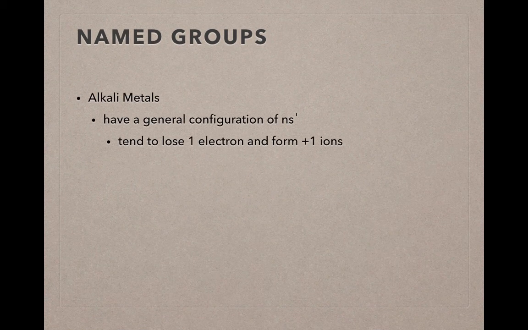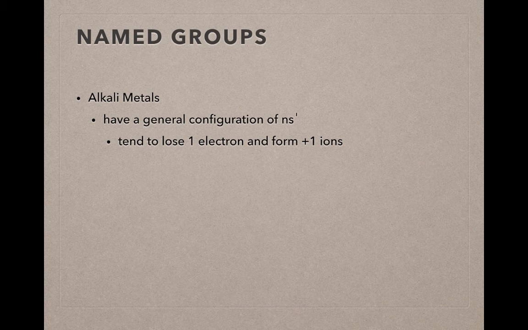So if we look at these named groups, which are kind of special, we have our alkali metals. They have a general configuration of ns1, so they have one s electron. They tend to lose that one electron and form +1 ions. When they lose that one electron, what's left is a noble gas configuration.